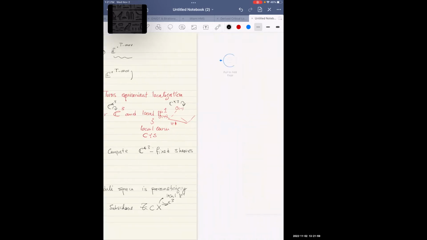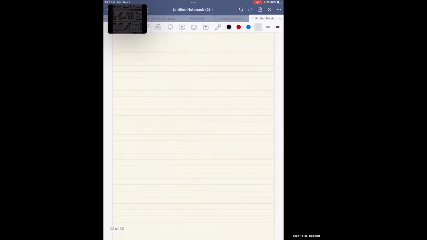Okay, so here is what we are doing. These are ideal sheaves.